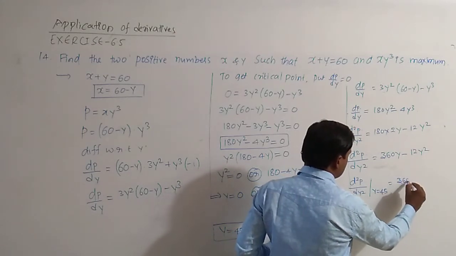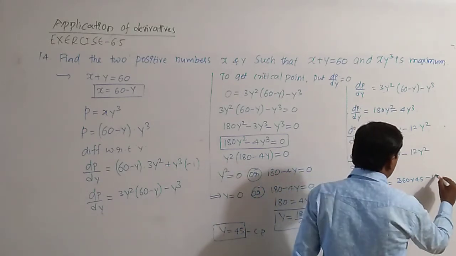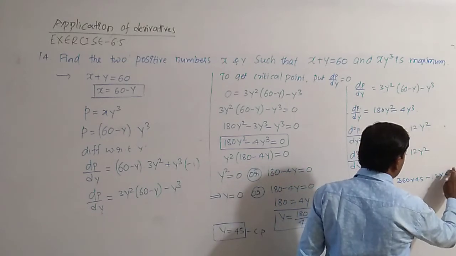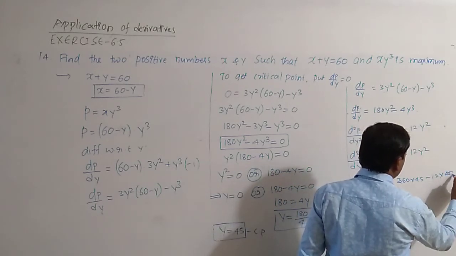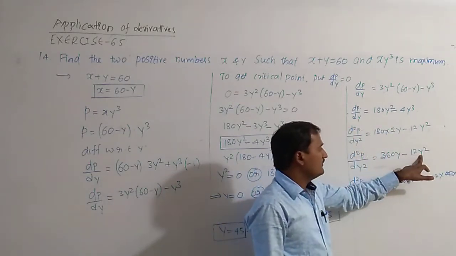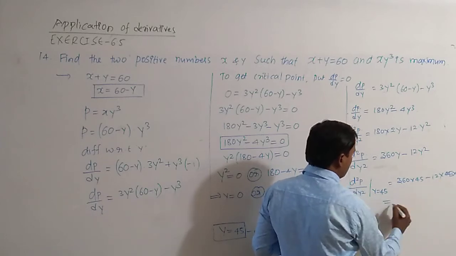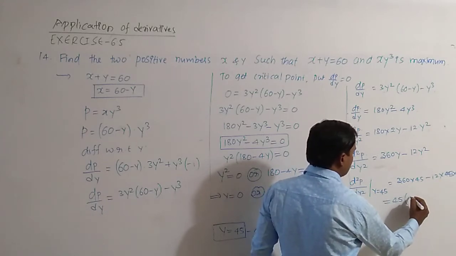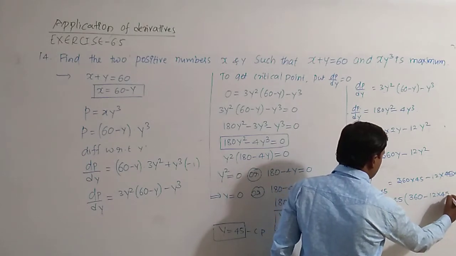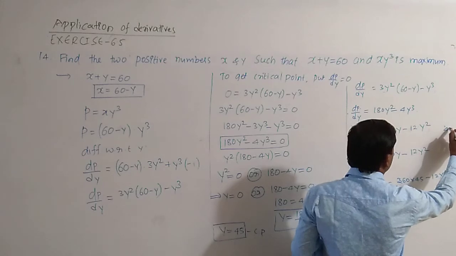That is 360 into 45 minus 12 into 45 into 45, because it is 45 whole square. So simplifying this, take 45 outside: 45 into 360 minus 12 into 45.